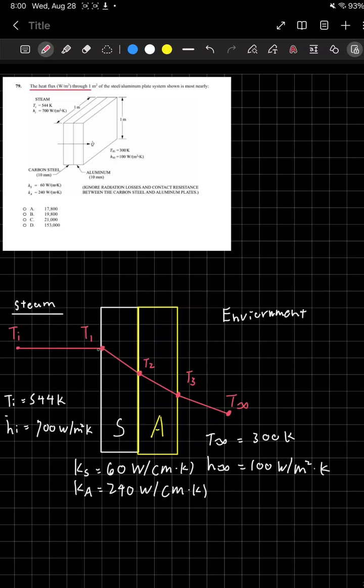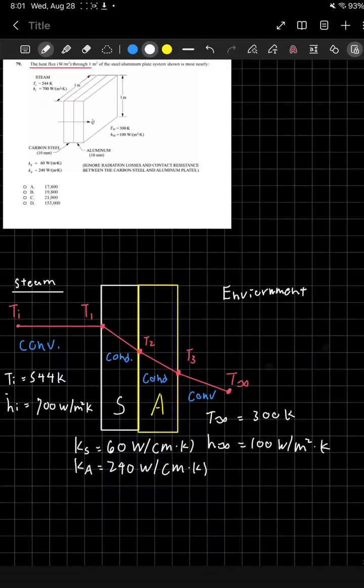Now, through this carbon steel, a conductive heat transfer is happening. So we went from convective to conductive. From T1 to T2, that's conductive. From T2 to T3 is also conductive because the heat is traveling inside an object. And once it reaches T3 to T infinity, the environment, that goes back to convective.